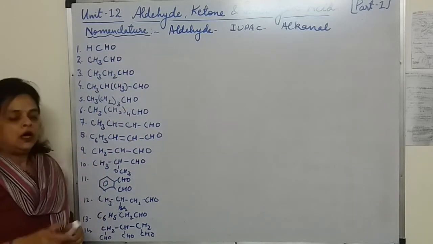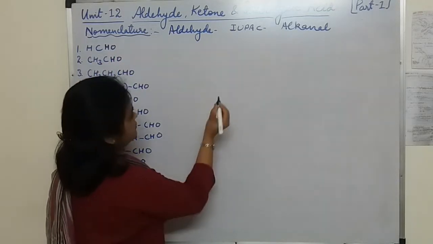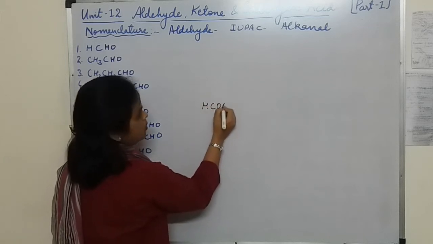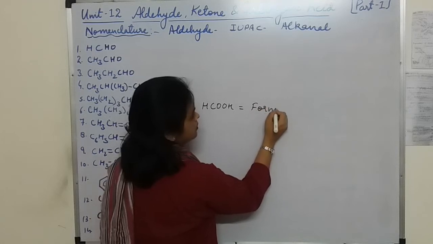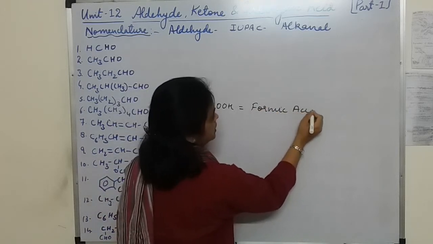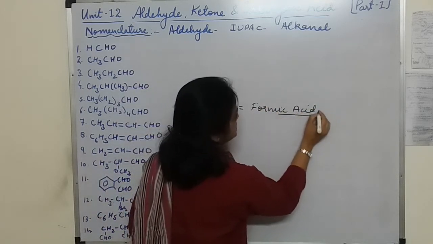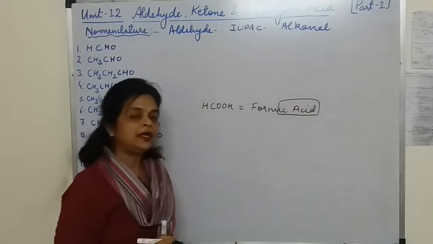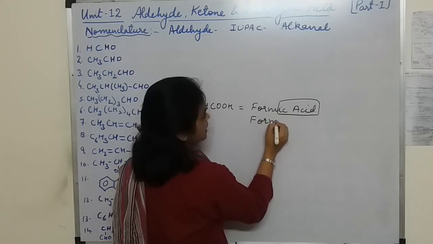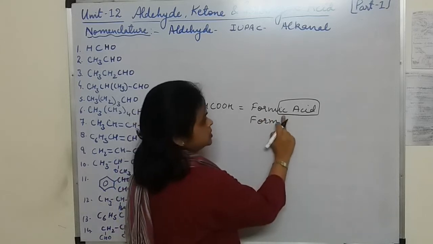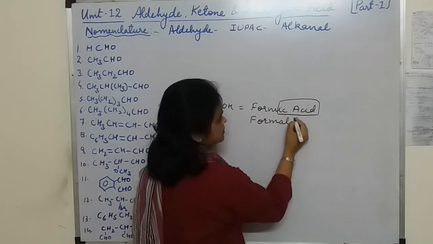Now its common name: if it was HCOOH, its common name was formic acid. Now this ic acid will be replaced by aldehyde. So the spelling will become FORM and instead of ic acid you will write aldehyde.